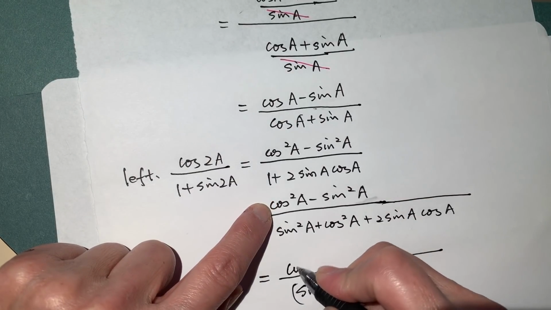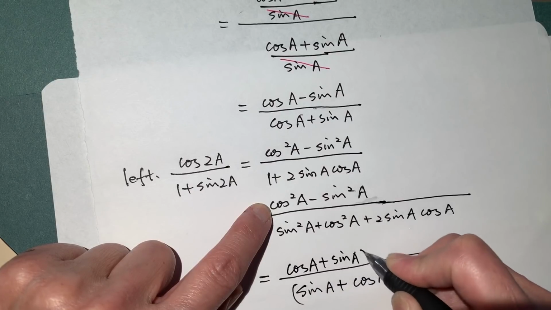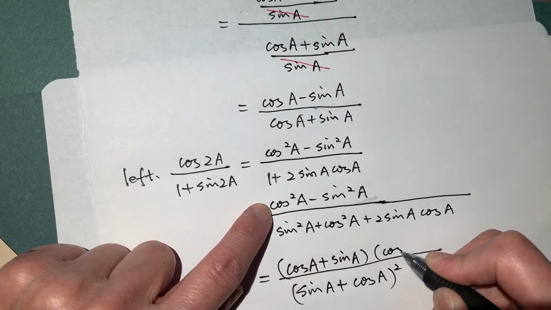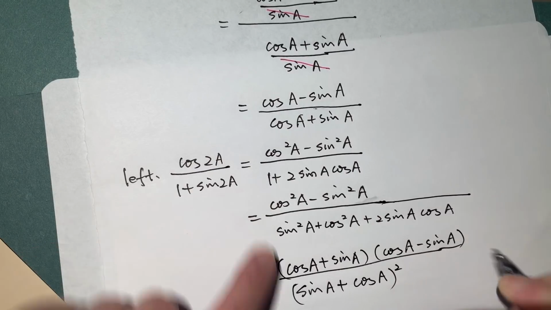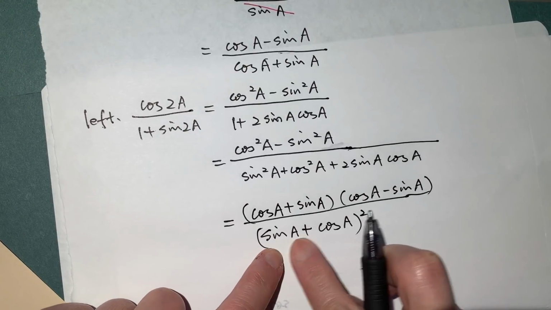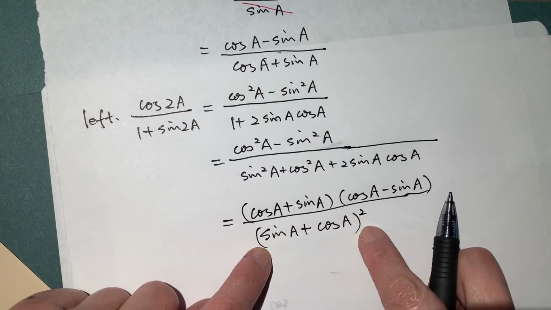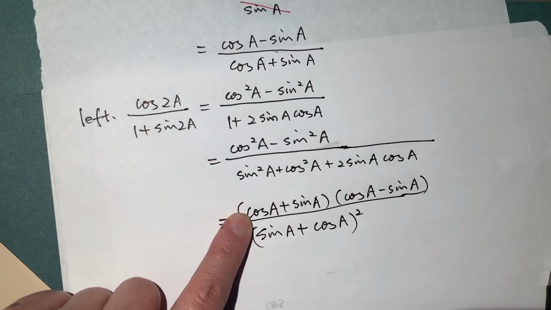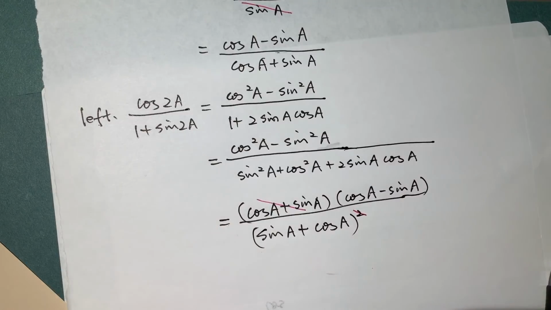It becomes cosine a plus sine a times cosine a minus sine a, right? Over sine a plus cosine a square. It's square, and this is only first degree, so we can cross cancel 1.